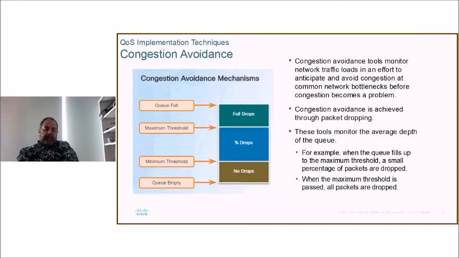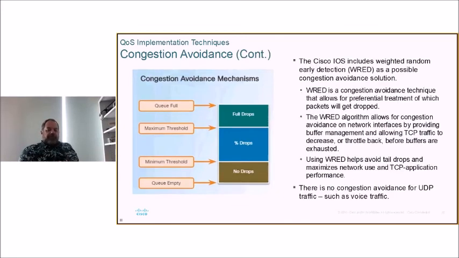By dropping packets, of course, it gets TCP to decrease the window size and slow the flow a bit. That's preempting TCP on all those conversations to slow the flow down, and that helps to avoid your congestion.